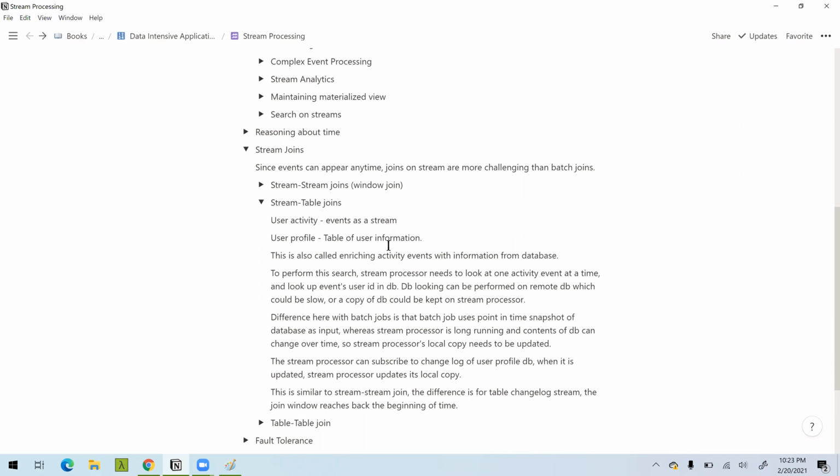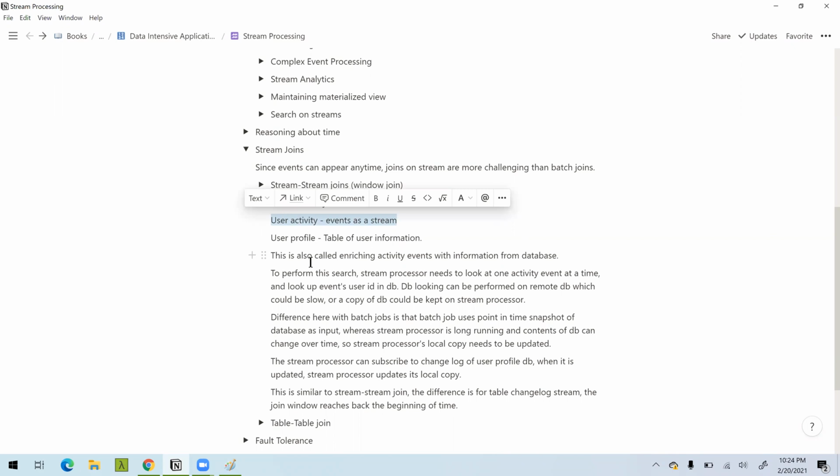When you want to display that information somewhere, you would probably need to join that with the user profile table. So basically the user profile is your table, and user activity is the stream of events, and you are joining them. This is also called enriching your activity event with information from the database.